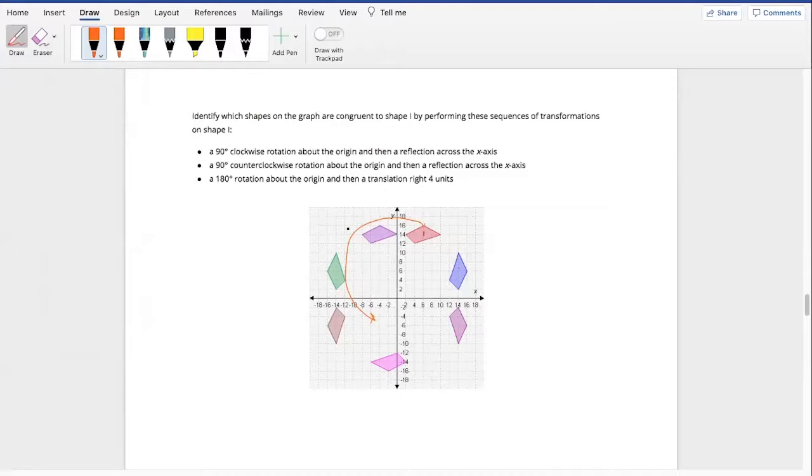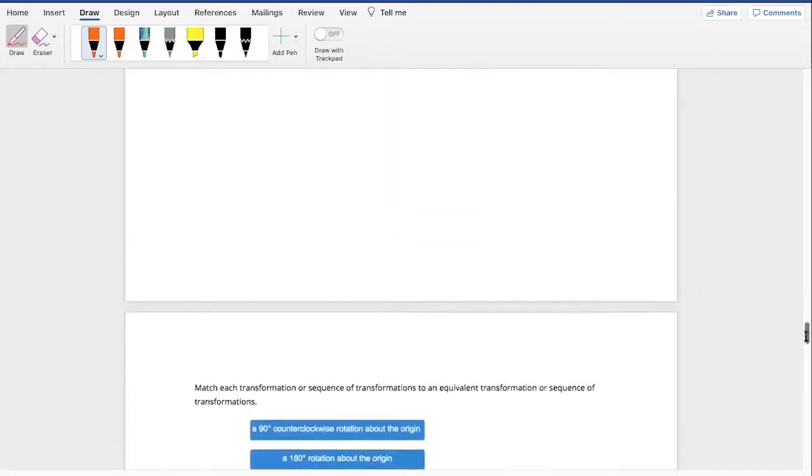So if you can kind of picture this coming around into this quadrant, and then, let's see. So it's going to come around into this quadrant, and then shift 4 units right. That's going to put us right here on this shape here. All right, let's see.